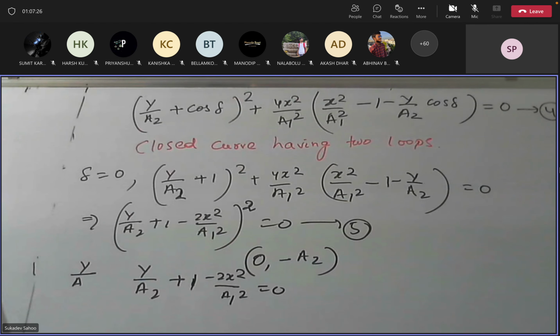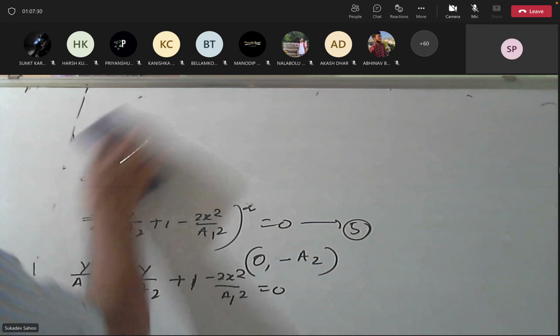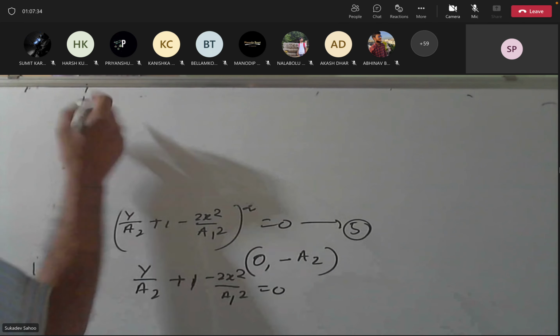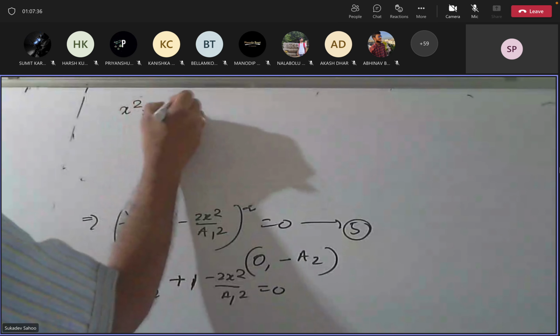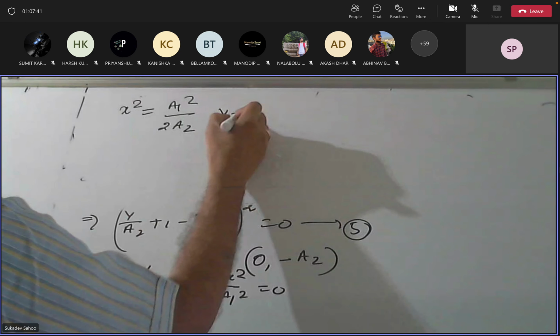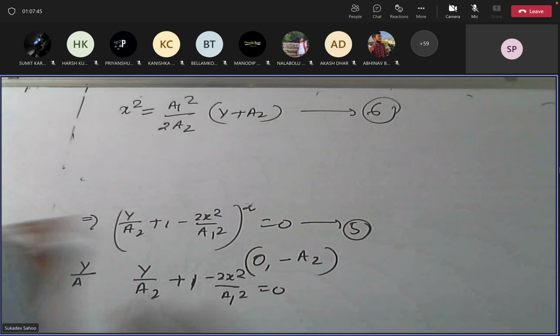So we can write this equation as x square equal to a1 square by 2a2 times y plus a2. This is the equation of the parabola.